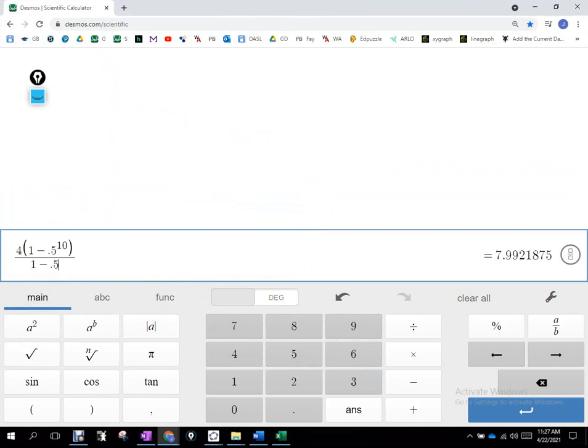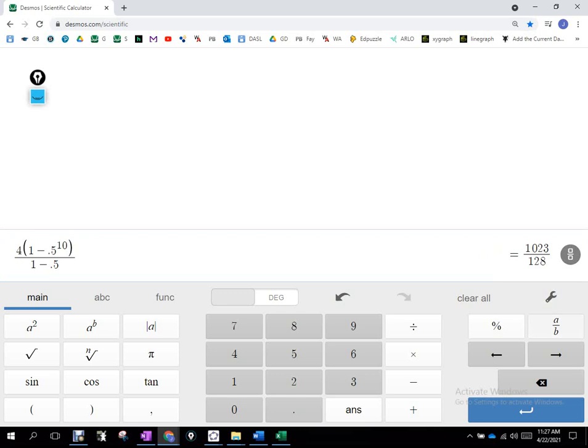On Desmos it gives me this button here to convert it to a fraction. If I add all those numbers up, starting at 4, going to 2, going to 1, going to 1/2, going to a 4th, going to an 8th, the first 10 of them are going to add to that fraction right there.